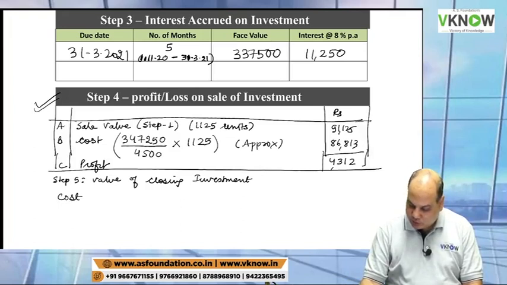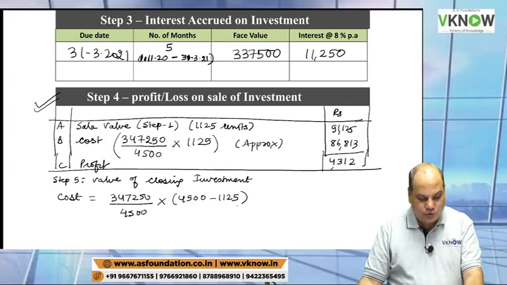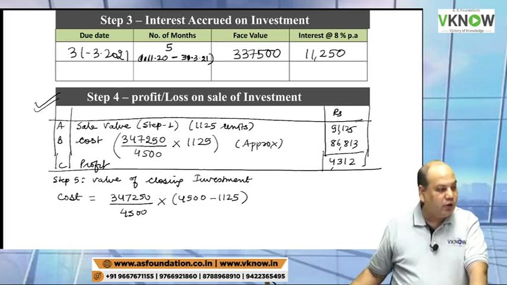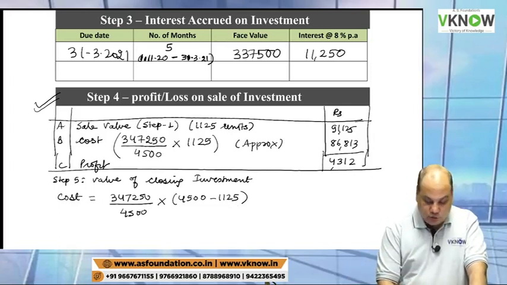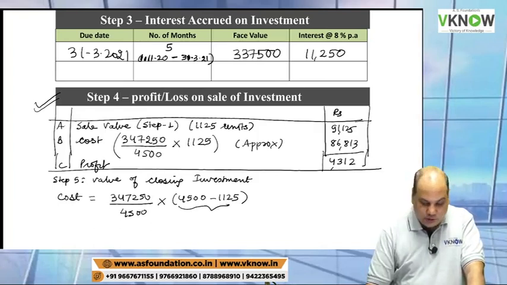So cost will be equal to, again same, 347,250 divided by 4,500 and multiplied by the figure in bracket, out of 4,500, 1125 we have sold. So this will give me cost of closing investment. The net amount is 3375.